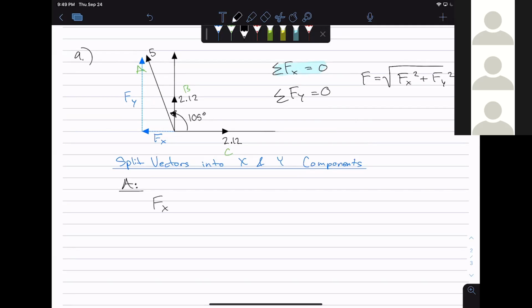We'll do it this way. You take the magnitude of that vector, so let's say it's 5, and you're going to take the cosine of the angle.